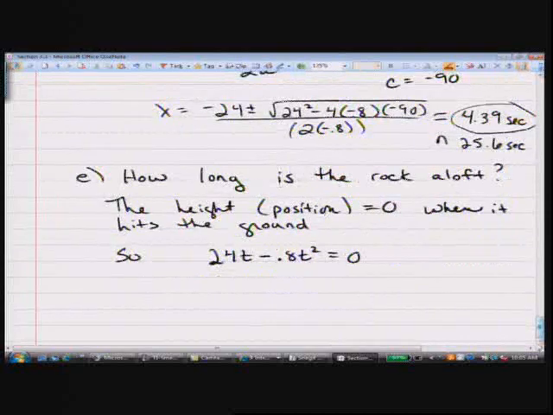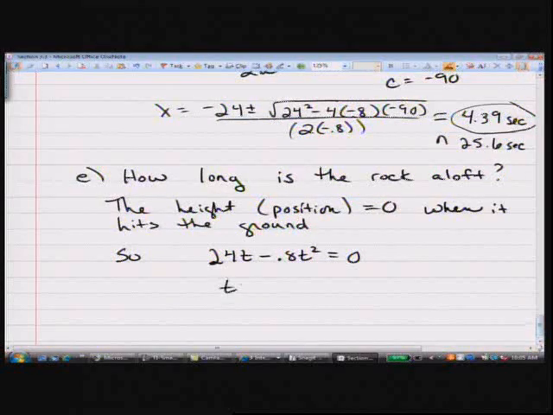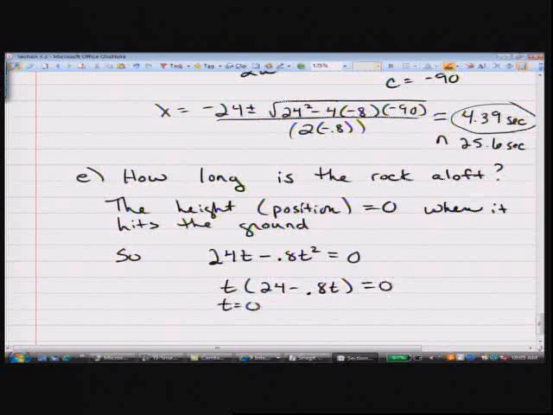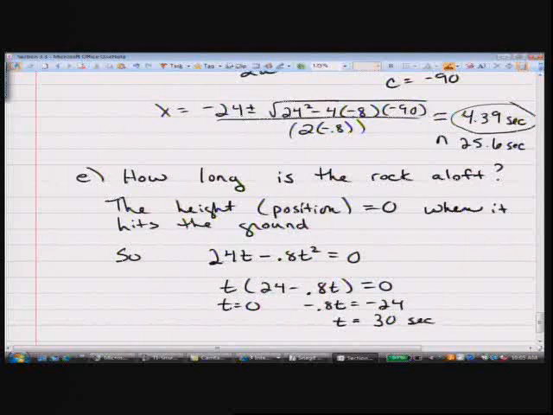This one we can do with some quick factoring. I'm just going to take t out. So I get t times (24 minus 0.8t) equals 0. And so obviously t equals 0 is a solution. But the other solution is t equals 30 seconds. It's a long time. Are we on the moon or something? Yes. Yeah. Okay.